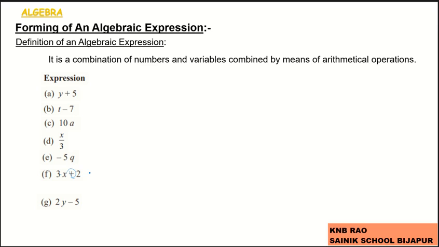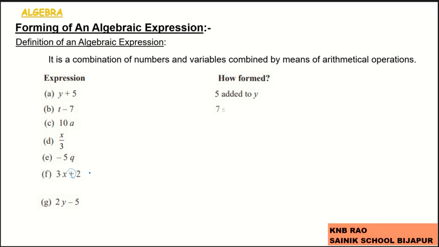Children, how are they actually formed? How are they formed means, normally in the English language we say 5 added to y, instead of y plus 5. How do you say t minus 7?